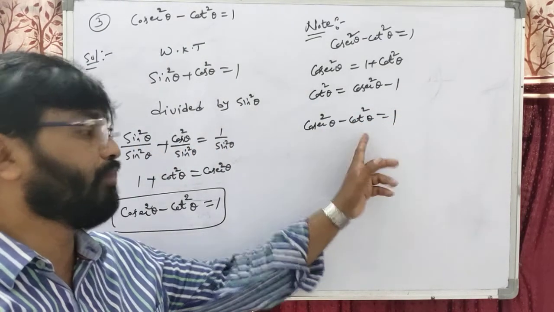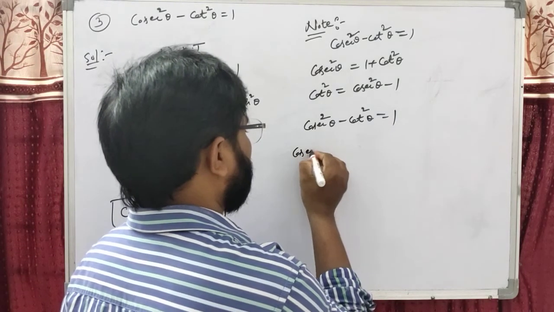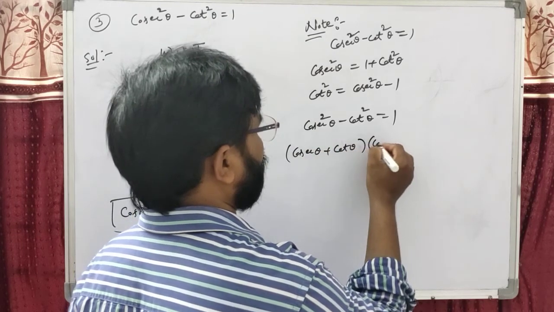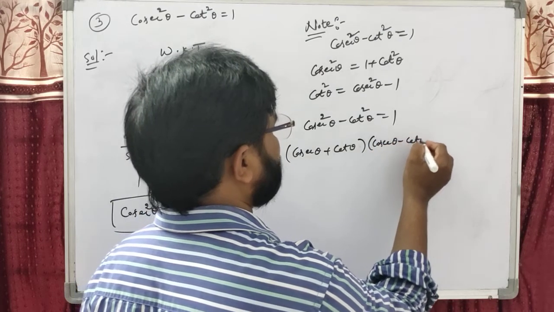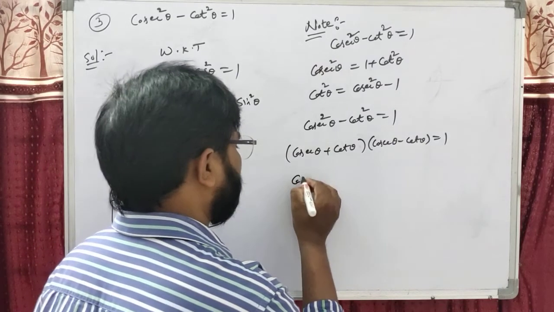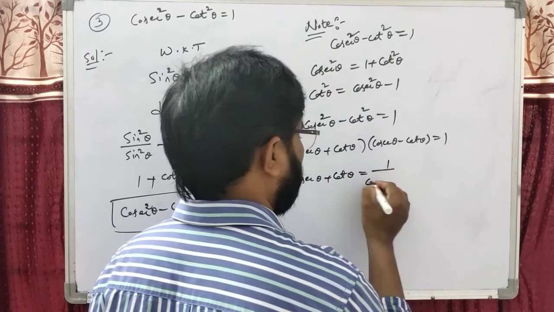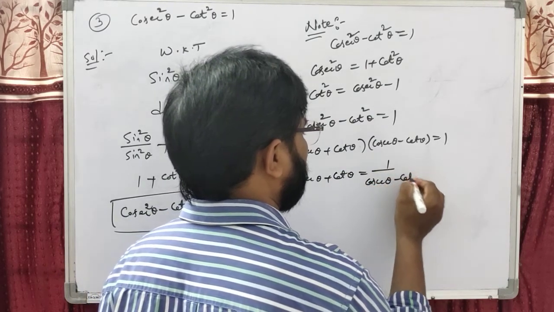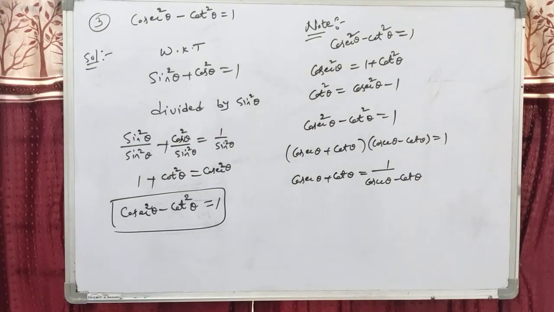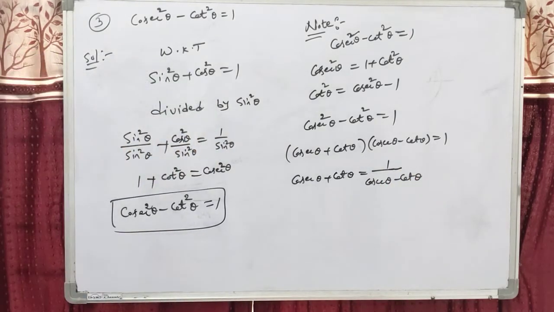Compared with a square minus b square, that is (a plus b) into (a minus b), we get cosecant theta plus cot theta into cosecant theta minus cot theta equal to 1. Now cosecant theta plus cot theta equals 1 by cosecant theta minus cot theta, and the reciprocal gives 1 by cosecant theta plus cot theta. Okay students, write down.